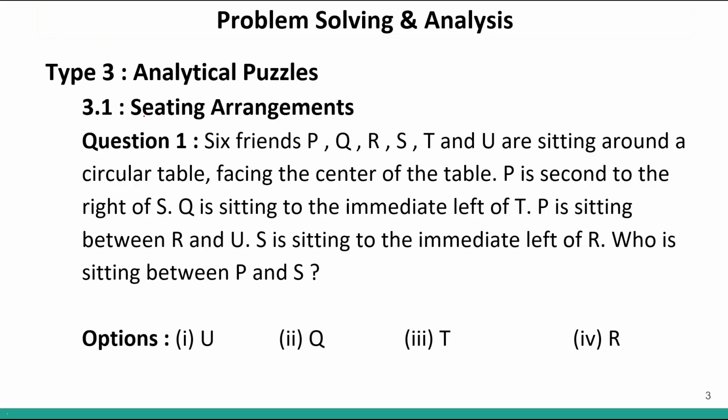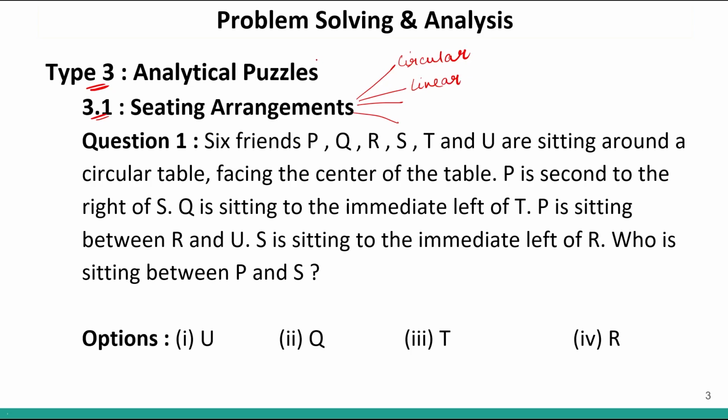Okay, so let us start with type 3, subtype 1, that is seating arrangements. So, in seating arrangements, I've already told you that four types can be formed. The first type is circular seating arrangement. That means everybody is sitting in a circle or a circular table. They can be facing inwards, they can be facing outwards as well. Then there is linear seating arrangement.